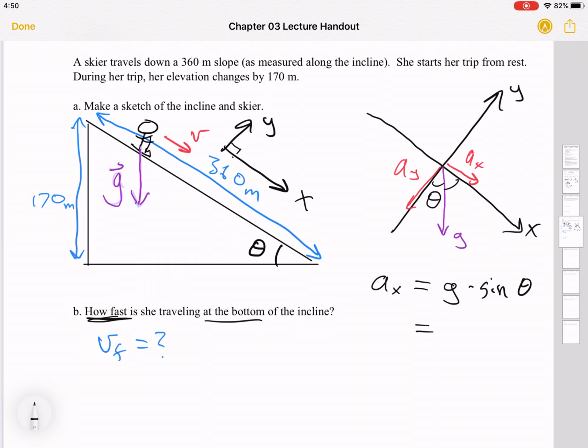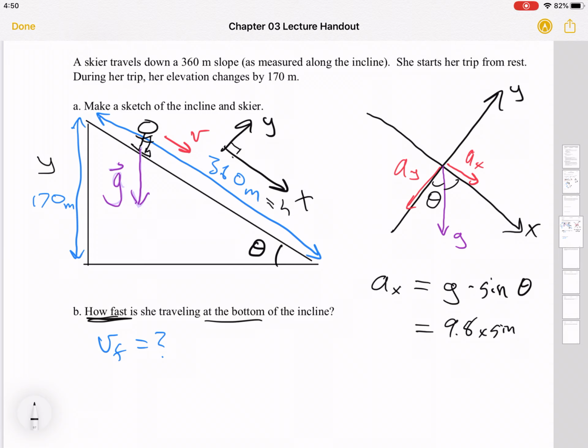Okay, so I think we're ready to calculate this. So a sub x is 9.8 times sine of, well, what's theta? Okay, well, I got a triangle over here, right? I've got a y and a hypotenuse, right?